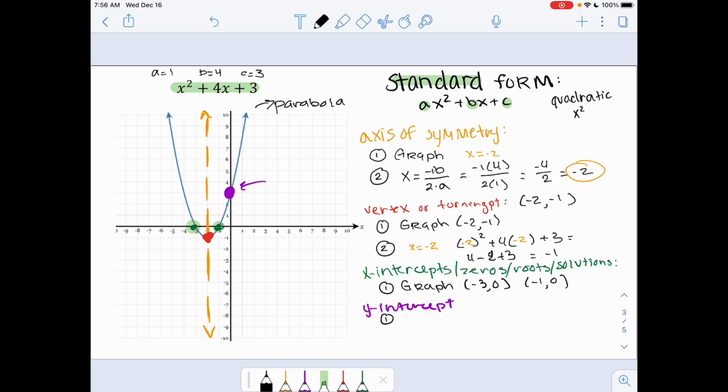One, we can look at the graph and see we have a y-intercept at 0, 3, or we can plug in a 0 for x because our y-intercept is always at x equals 0. So I'm going to plug a 0 into the equation, and see that I get a y value of 3, so my y-intercept is 0, 3.